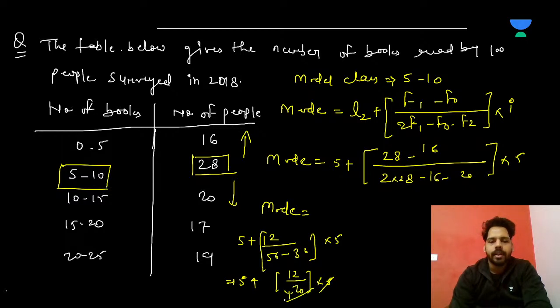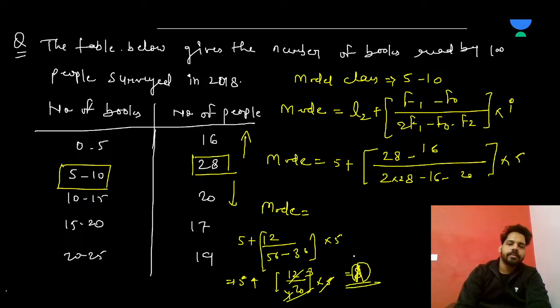So 5 4s are 20 and 4 3s are 12. So 5 plus 3, 8. Your mode will be 8. That's it. Your mode will be 8.